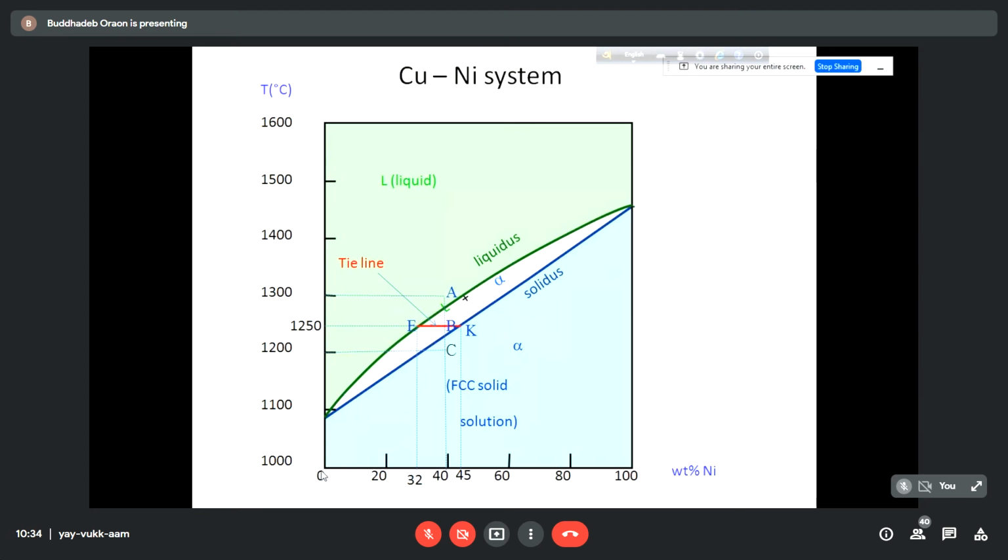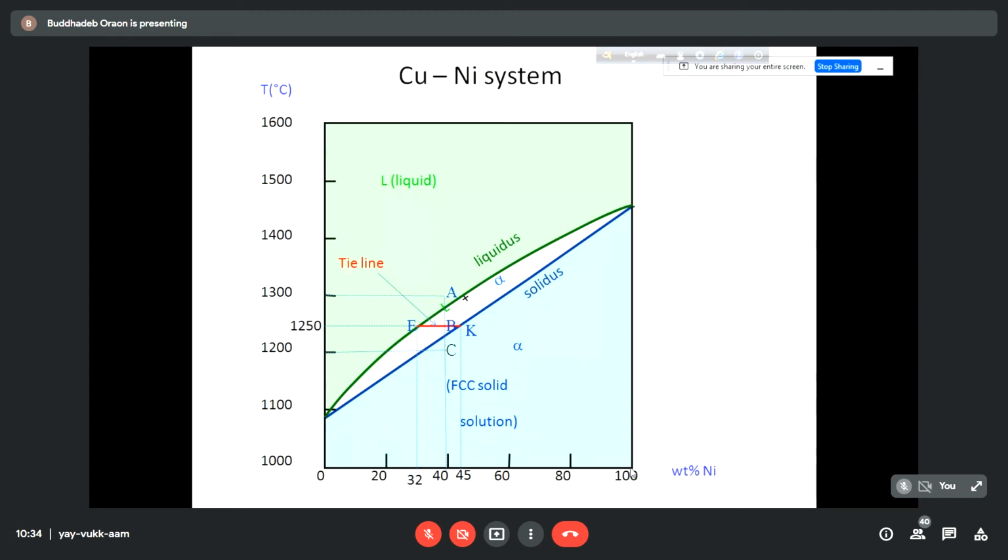Here on the left hand side, when nickel percentage is 0, that means copper is 100%, and in between there is the mixture. In the y-axis, we are taking the temperature. When nickel is 0, it is 100% copper, that means pure copper. Pure copper has a melting point somewhere here. This point indicates the melting point of pure copper.